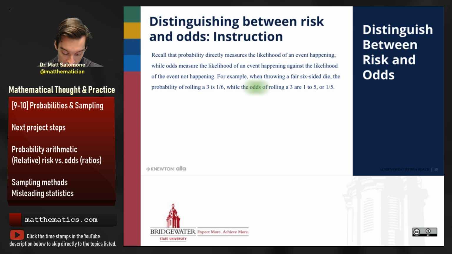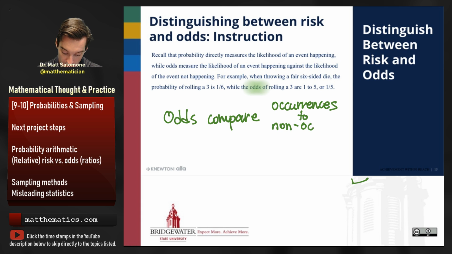And so the way that odds work is that odds compare the likelihood of something occurring to the likelihood of that thing not occurring. And if that's a little bit confusing, I like the example on this PowerPoint slide from Newton Alta that explains the difference.